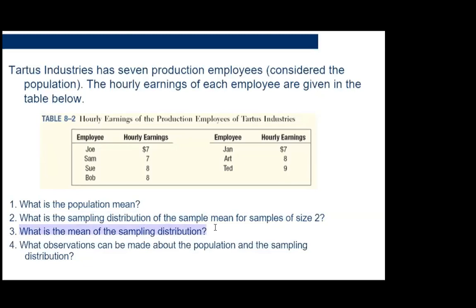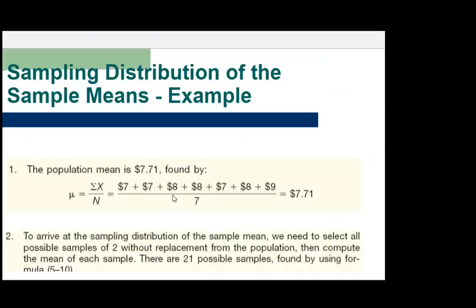What is the mean of the sampling distribution? If you calculate the average of all these averages, it would be the same as the population's average. What observations can be made about the population and sampling distribution? We can find out first.